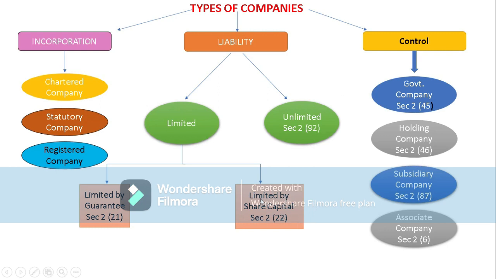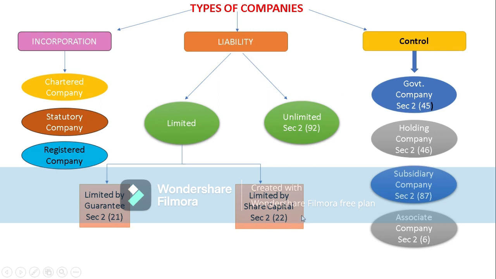he has fully paid the share capital, therefore the company has no right to ask that particular member to pay the amount. So limited by guarantee means, at the time of winding up of the company, the person who guaranteed should pay the amount irrespective of unpaid shares or paid up shares. But here, coming to limited by share capital, if the person has fully paid the share capital and is not owing any money to the company, there is no outstanding money to be paid by that member, so the company has no right to ask that person.